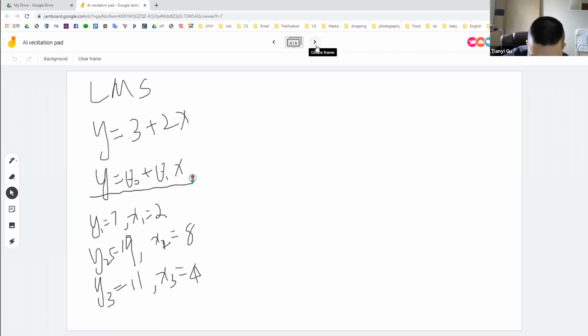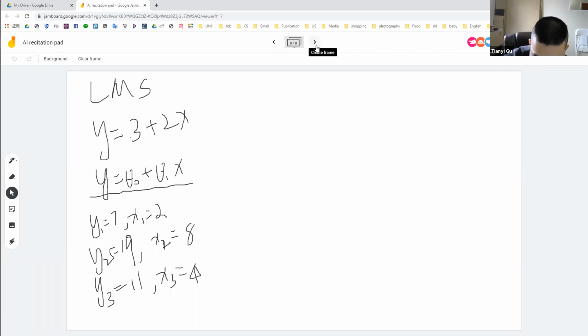Basically, we want to learn the values of theta 0 and theta 1. The ground truth is theta 0 equals 3, theta 1 equals 2. We're doing this online, so we update theta 0 and theta 1 data point by data point.